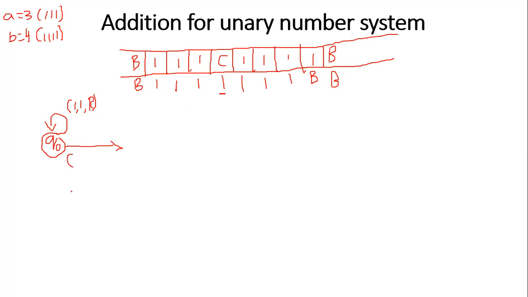You have to keep doing this until you get C. So what to do the moment you get C? Change it to 1 and keep moving to the right side.